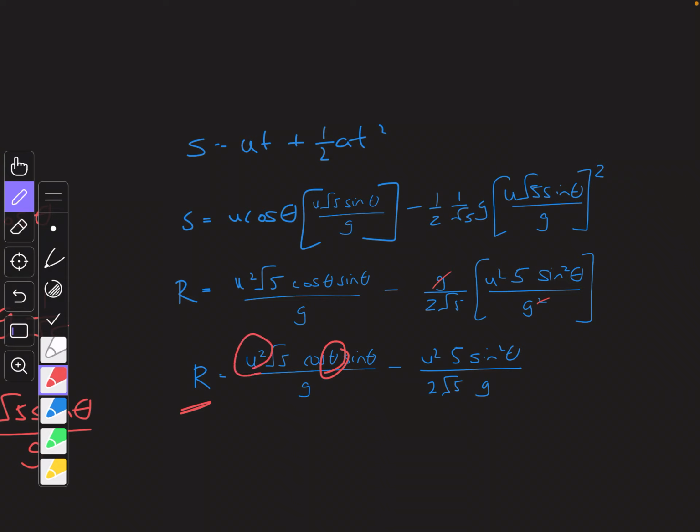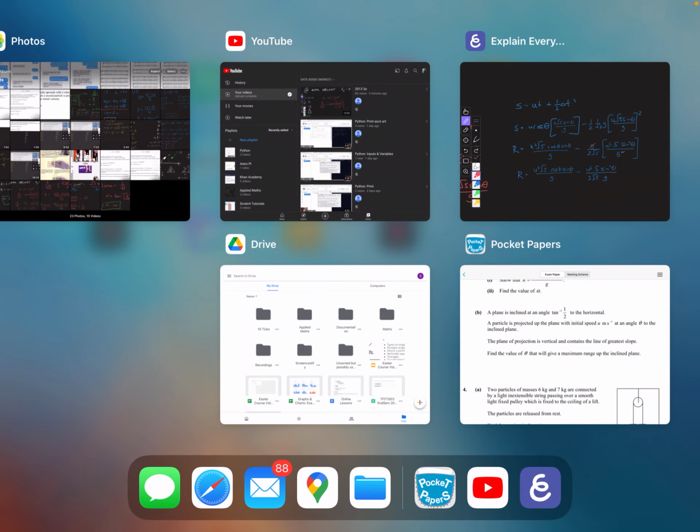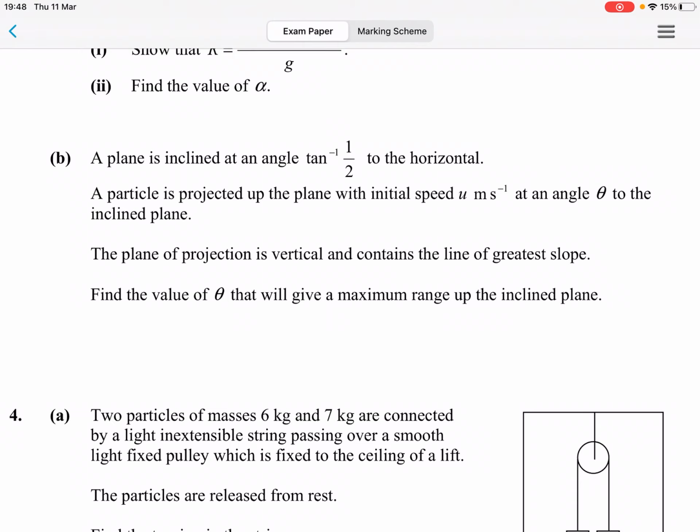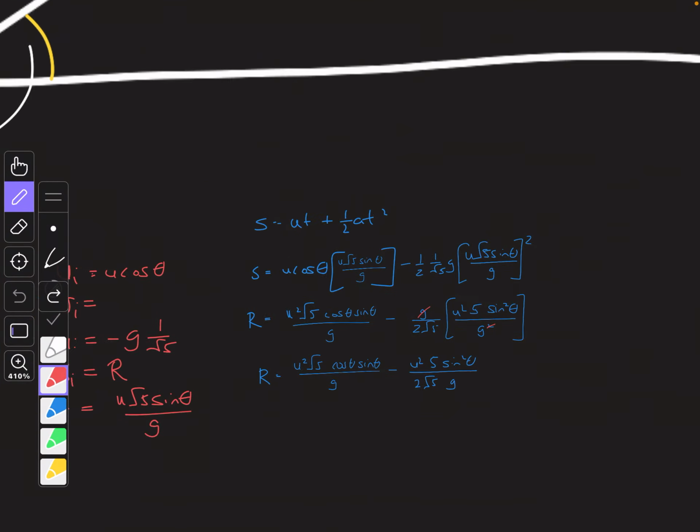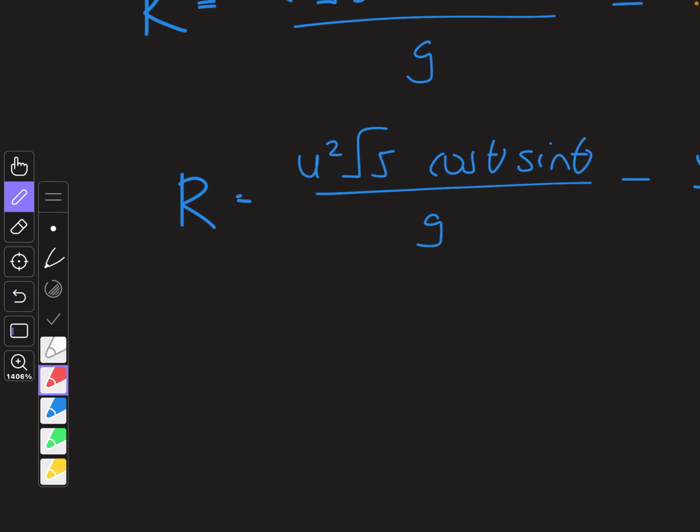That kind of still leaves us with two unknowns, but what we do need to do is go back to the question. The question said, find the value of theta to give the maximum range up the inclined plane. So what we need to remember is that when you see the word maximum, you're going to differentiate the range, right, to get the max or the min.